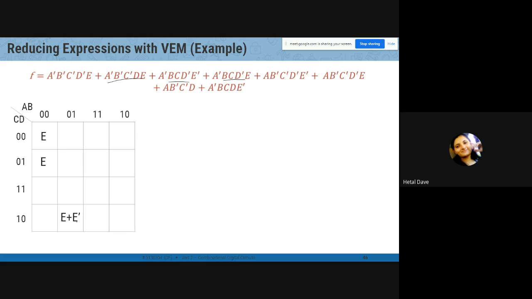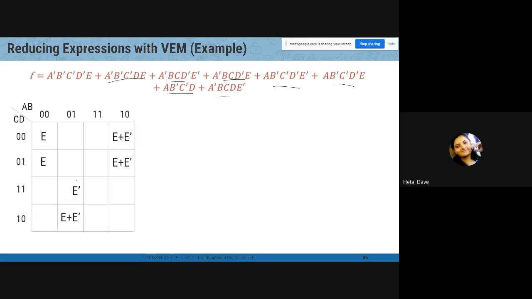That's why E or E bar. Now the fifth equation: E dash and E are written in this box. Here only for one equation, E or E bar is written, because for this equation, E bar is placed here.